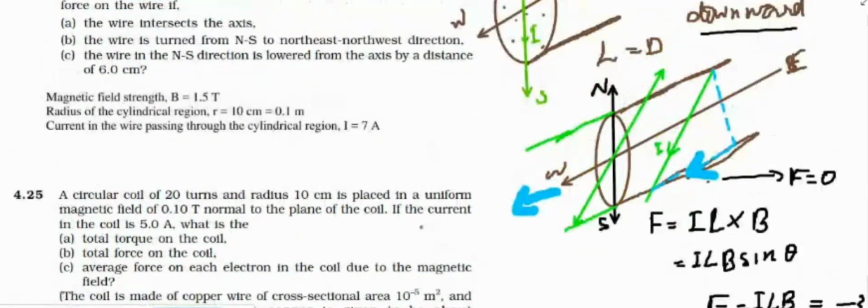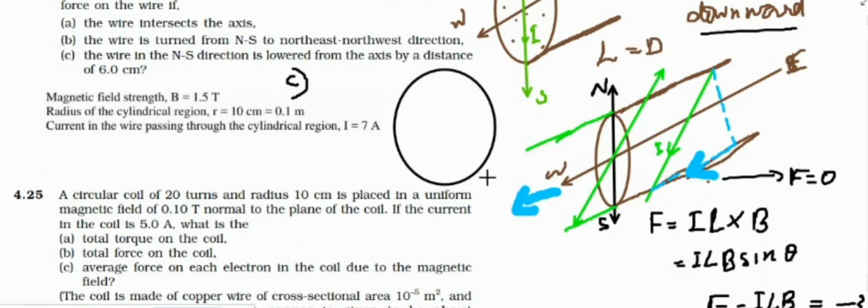Now case C, the wire in north-south direction is lowered from the axis by a distance of 6 centimeter. For case C, the wire is lowered. So let us see here, only the cylindrical part I am going to draw the cross section. In that cross section, just assume that initially the wire is like this through the diameter.